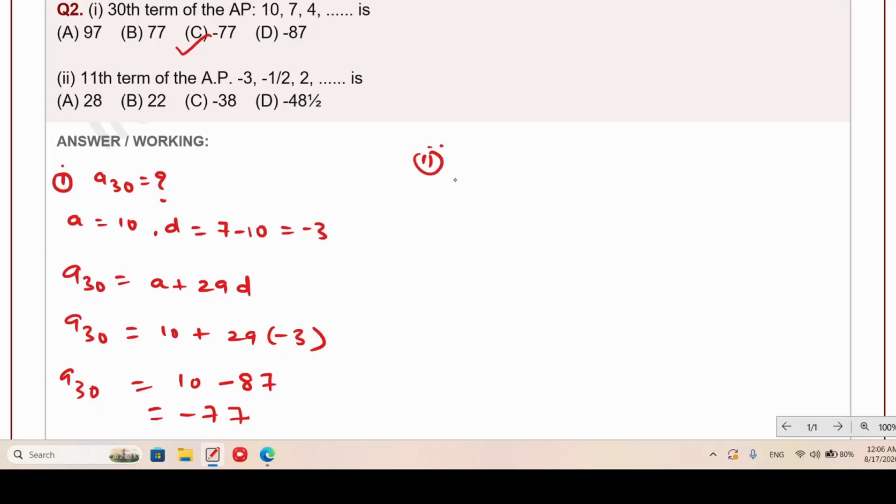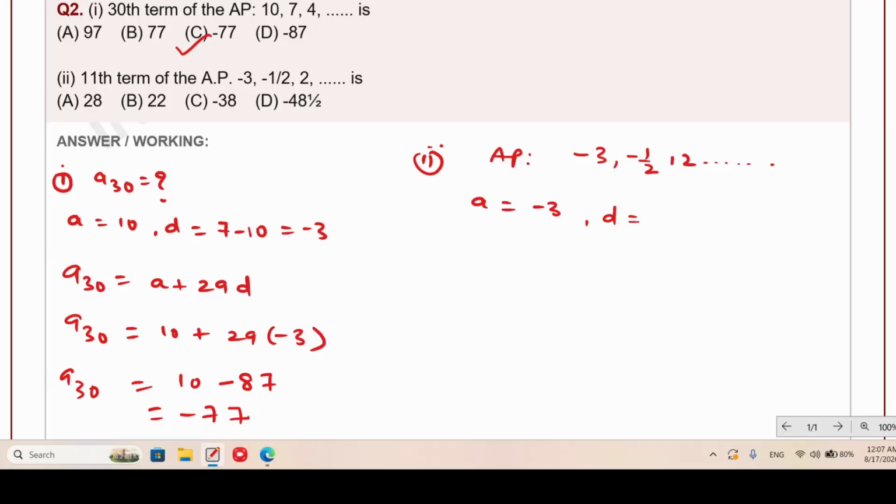In the second part, the 11th term of an AP, where the AP is given as minus 3, minus 1 by 2, and 2, and so on. So what is A? A is negative 3. What is D? D is minus 1 by 2.